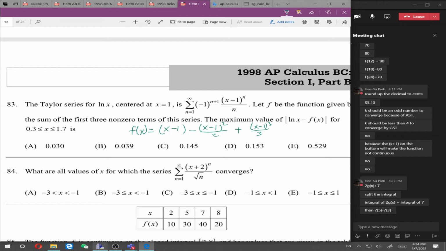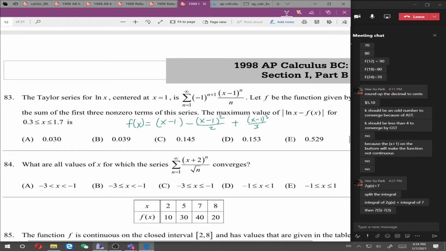So I think we can take this and graph it to see what's happening on that interval. So let me go ahead and do that first.